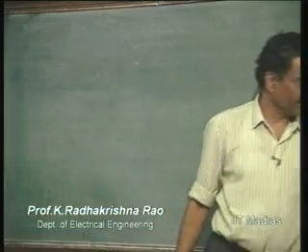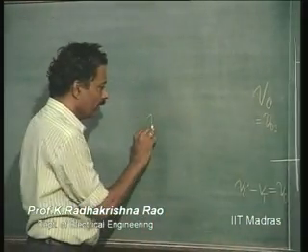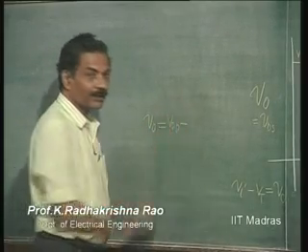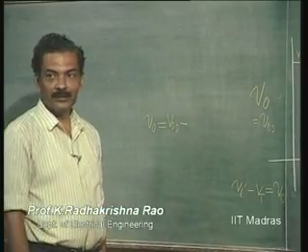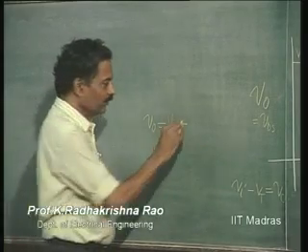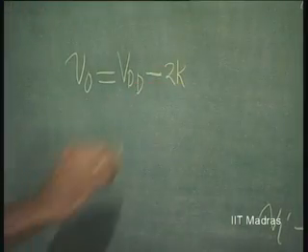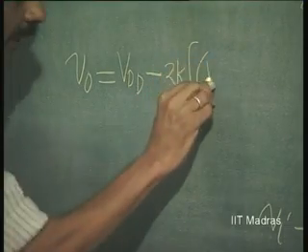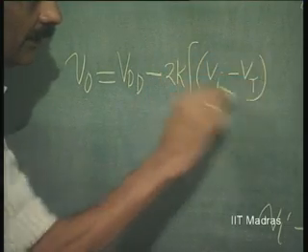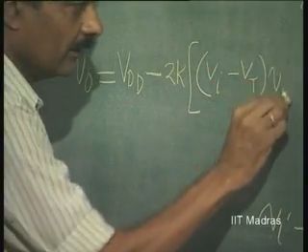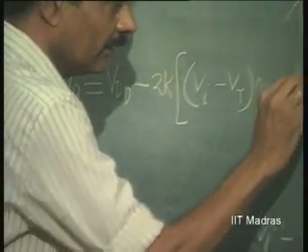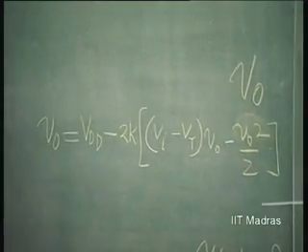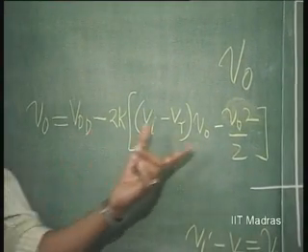That means the equation that is valid now corresponds to V naught equals VDD minus, what is the equation that is valid? 2k into VGS, which is Vi minus Vt, into VDS, which is V naught, minus V naught squared by 2. Is this clear? This is the equation that is valid.